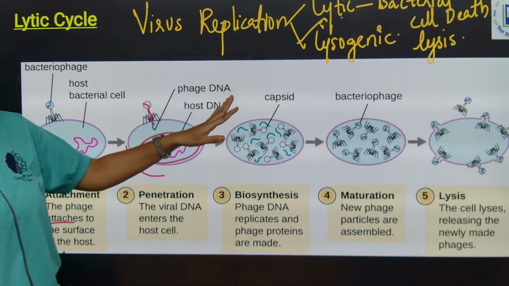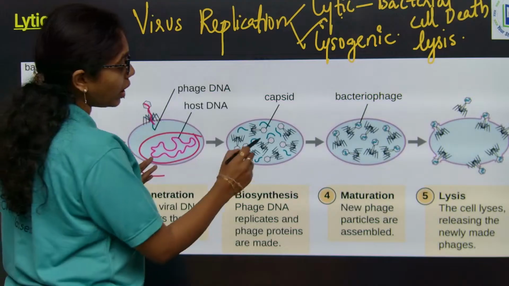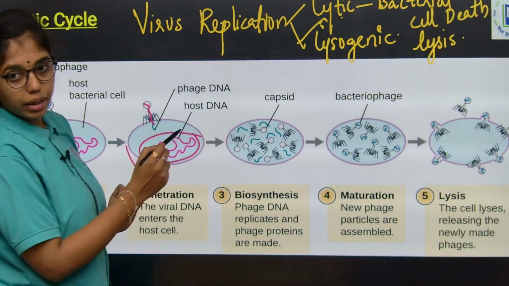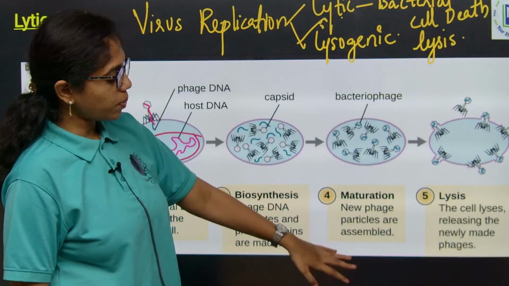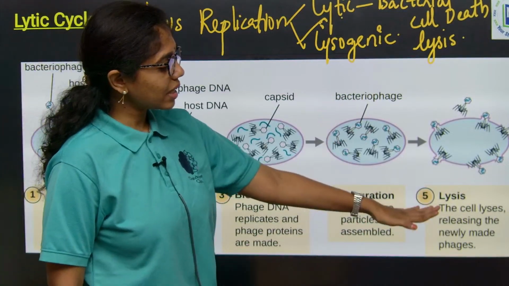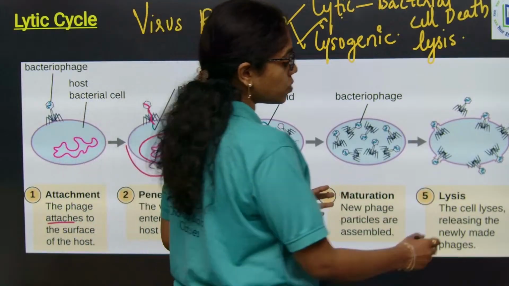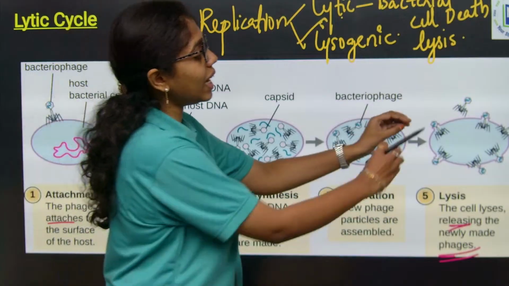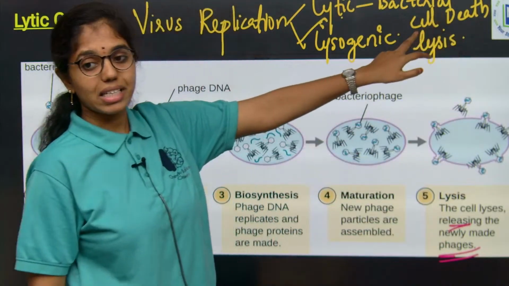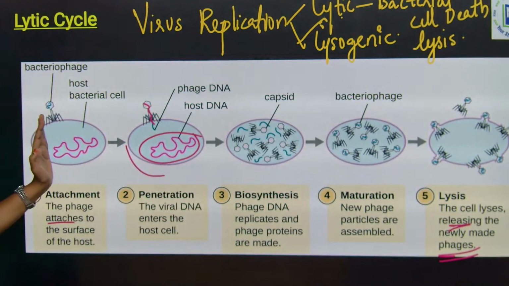It will start biosynthesizing what? The protein coats and the genetic material, and they will get matured. New phage particles are assembled, and last it is lysis. Cell lysis will happen, releasing the newly made phages. This cell lysis will cause what? Bacterial cell death. Clear? This is the lytic cycle.